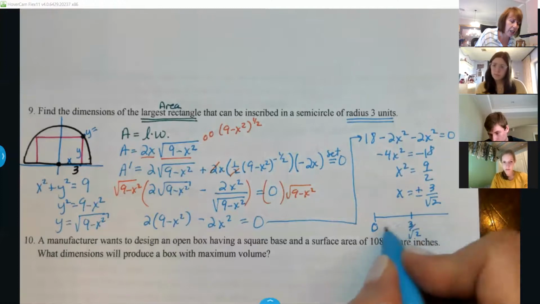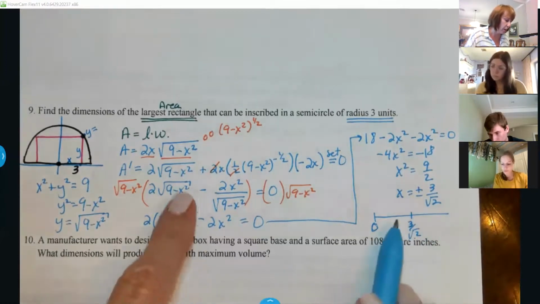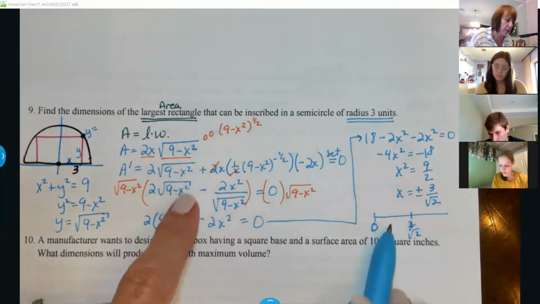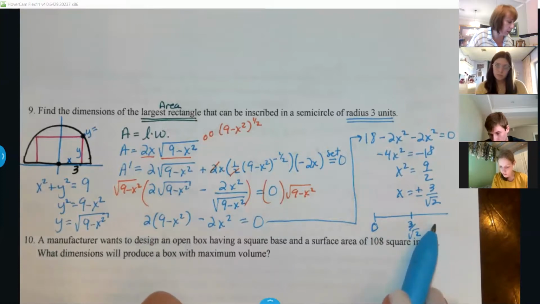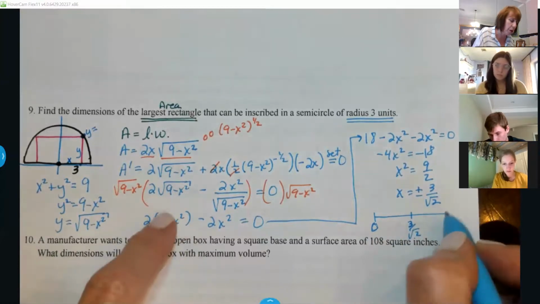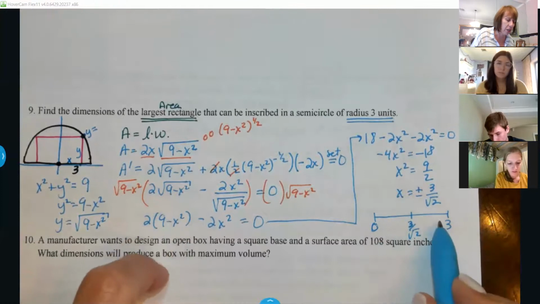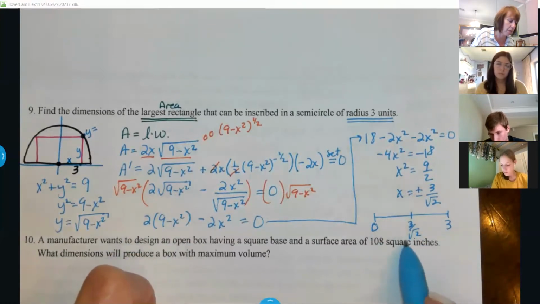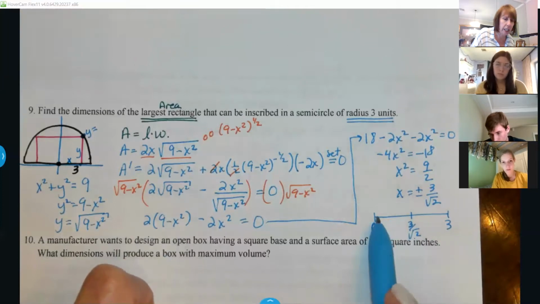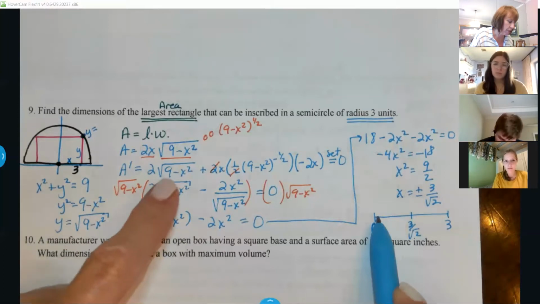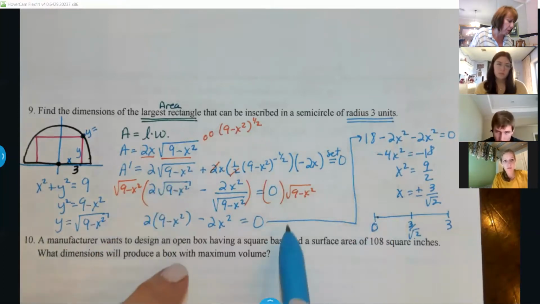And then I could do that sign chart. So let's see, if we put in something, let's go bigger. The most x could be would be 3. So how about if we put in a teeny tiny number close to 0.